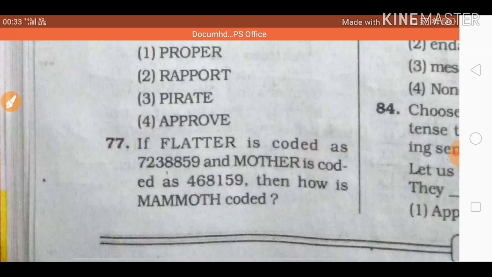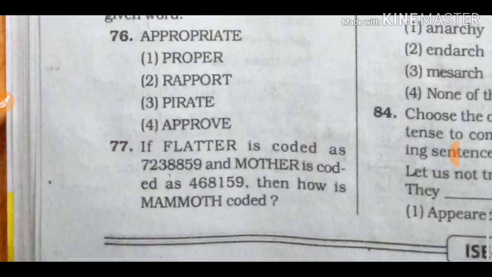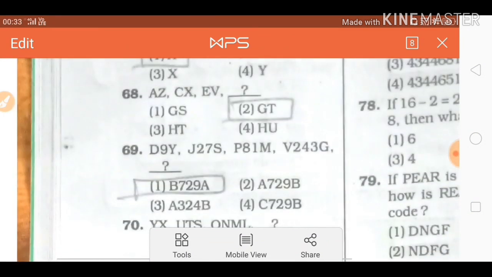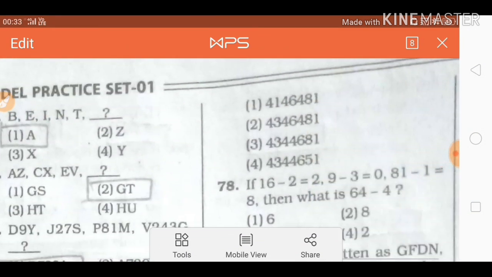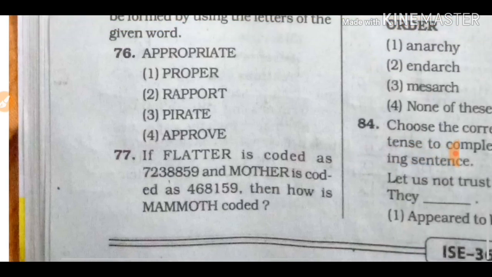Flatter is coded as 7235, right? And mother is coded as this. So how will you do it? Mammoth means giant, huge. Well guys, it's very easy.